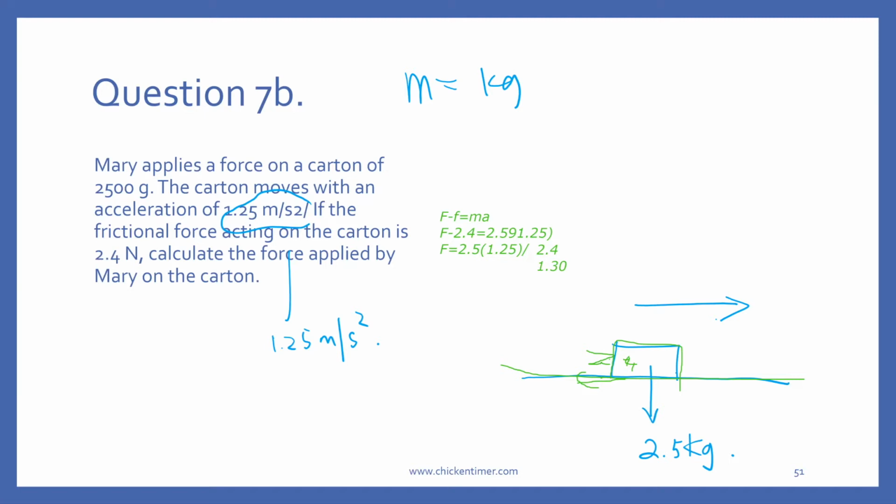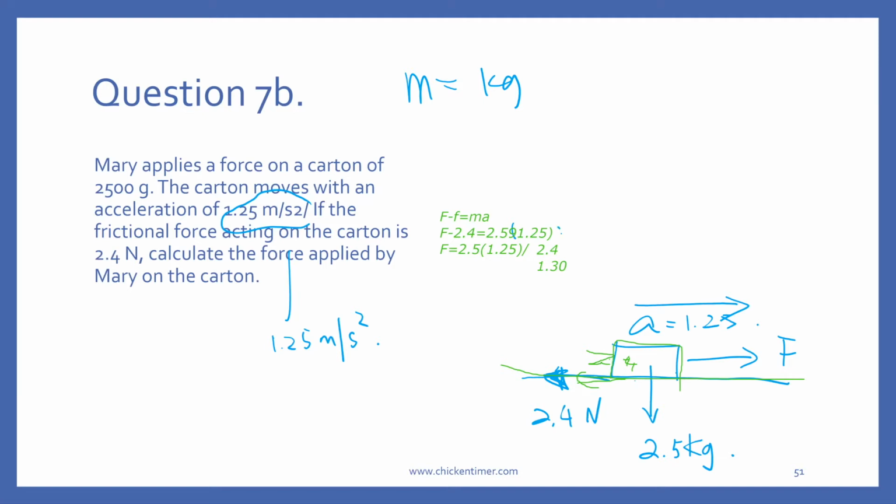Then acceleration is 1.25. Okay, then the frictional force acting here, so I overlap your drawing of your friction and label 2.4 here. Then there's the applied force on top of this. So F minus 2.4 equals 2.5 times 1.25.